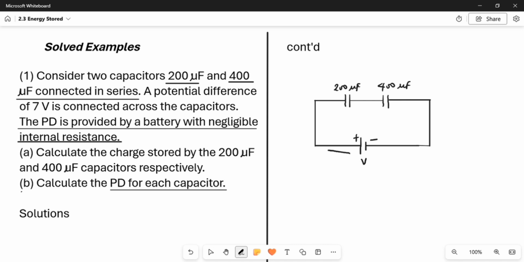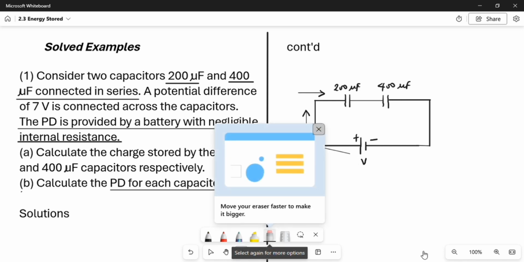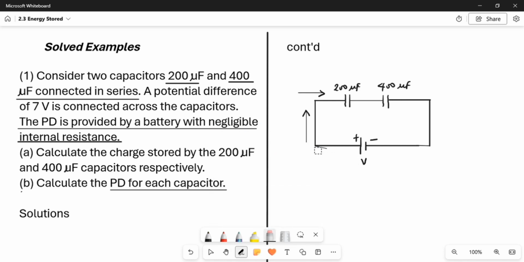If charge leaves the battery, the same charge will flow through the 200 microfarad and the 400 microfarad. Why?